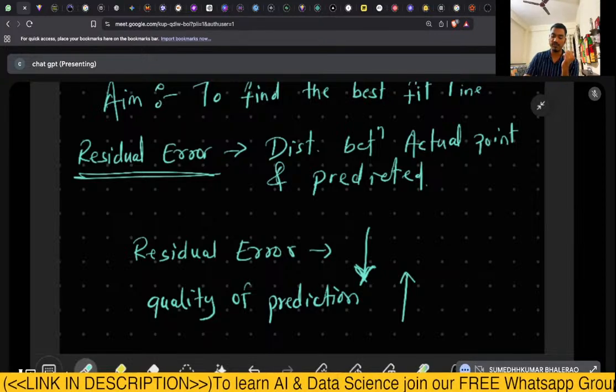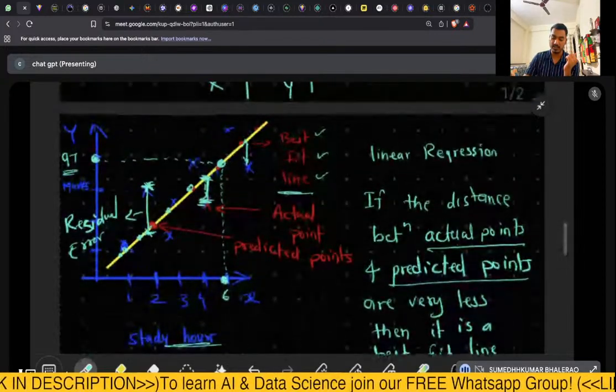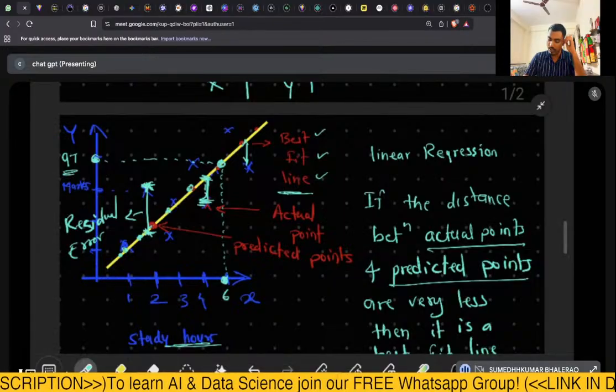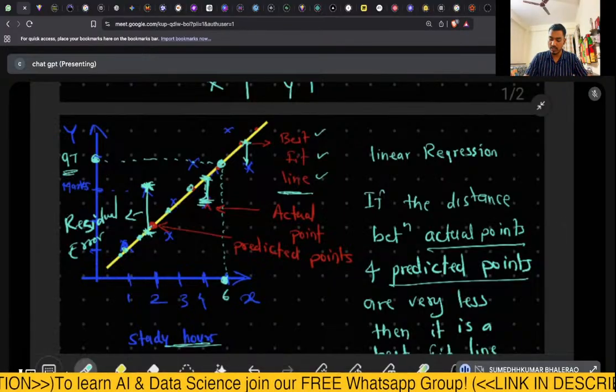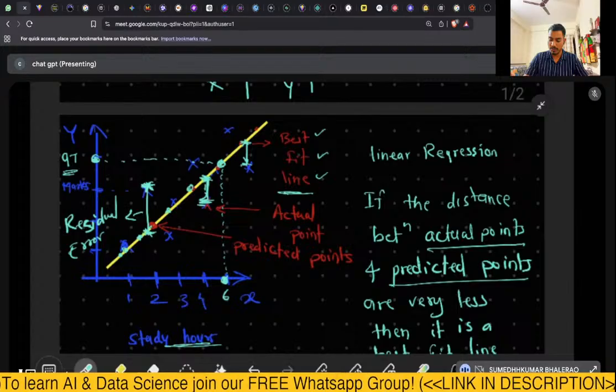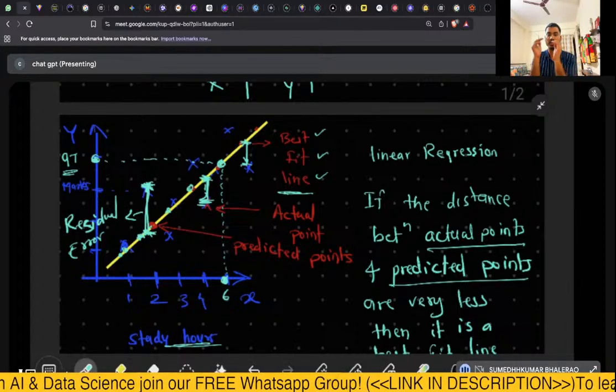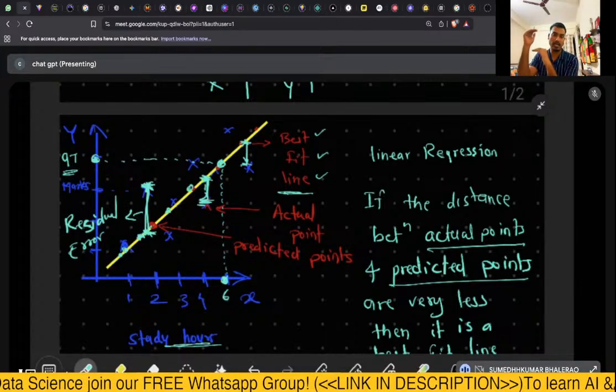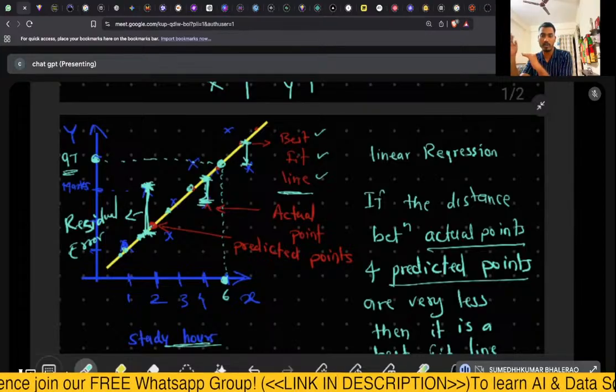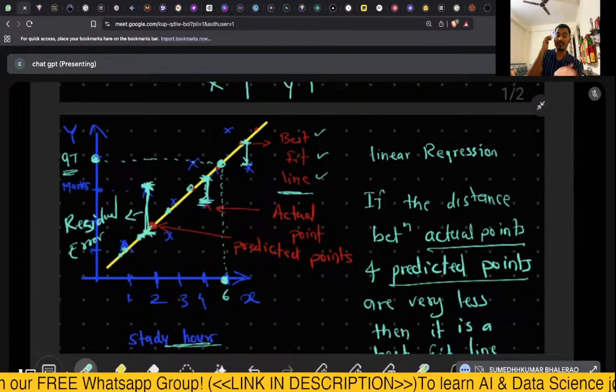If the summation of all the distances between actual point and predicted point is very much less.